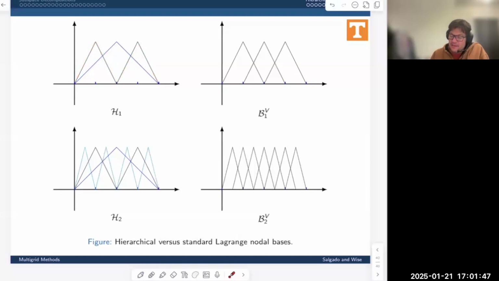Whereas for the standard basis, these hat functions always have the same shape. I guess the way you can look at it is as the following. For standard Lagrange nodal basis, you always reconstruct the basis, and the basis elements always kind of look like each other. They're always like soldiers.